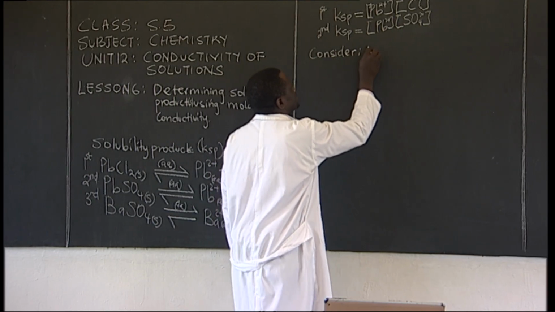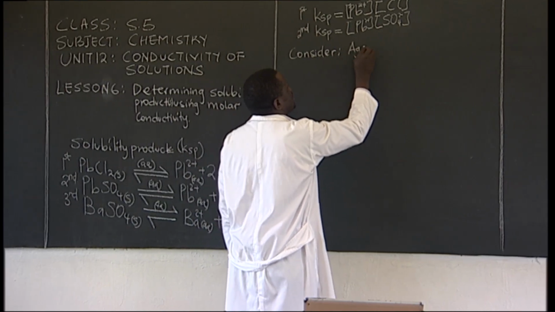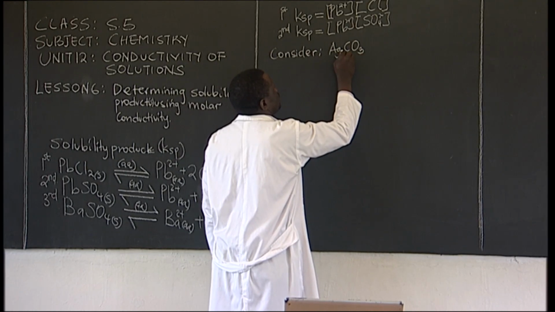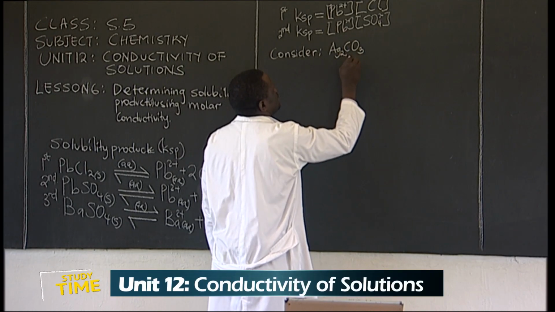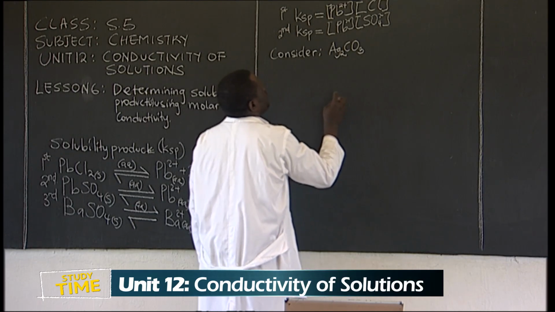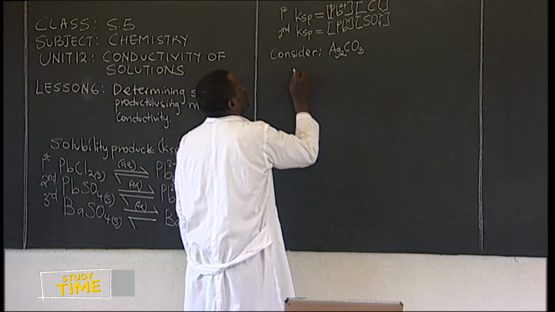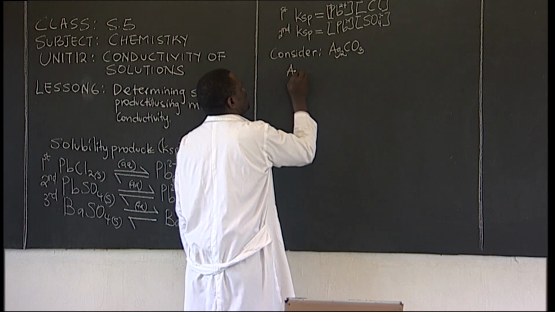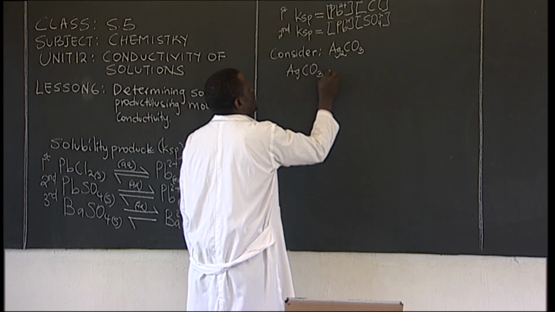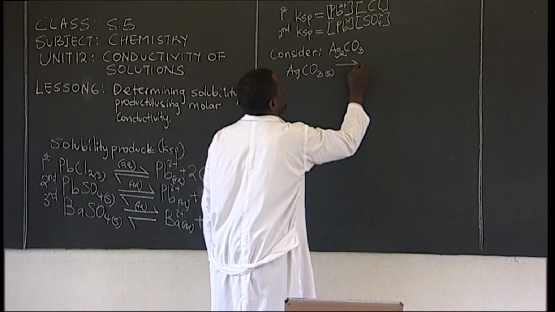Consider, for example, silver carbonate. If we write the equation for the solubility of silver carbonate, it will be this one.